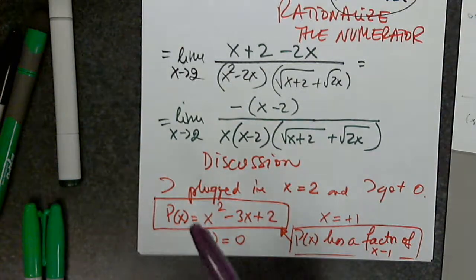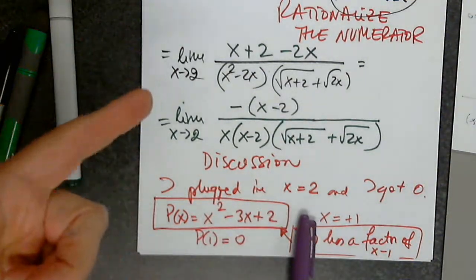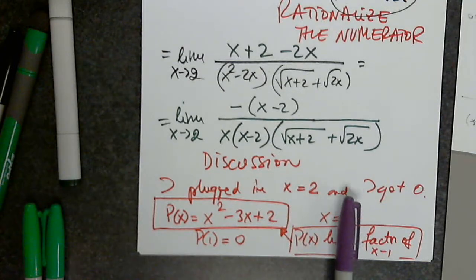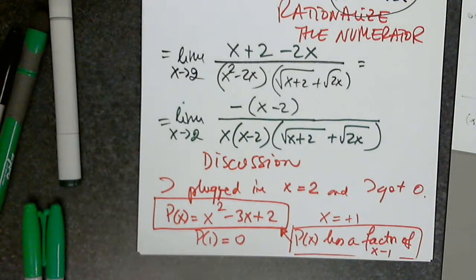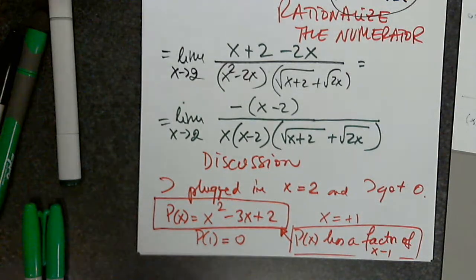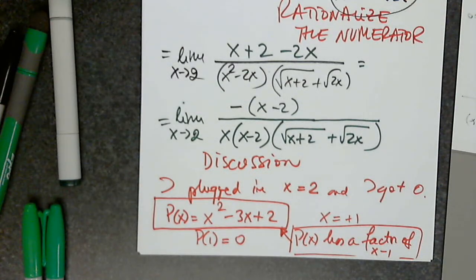So when I plugged in 2 and I got 0, I know exactly that a specific factor must go away. No questions, no doubts. Which factor must go away? Factor, not a number. I'm talking about factors.